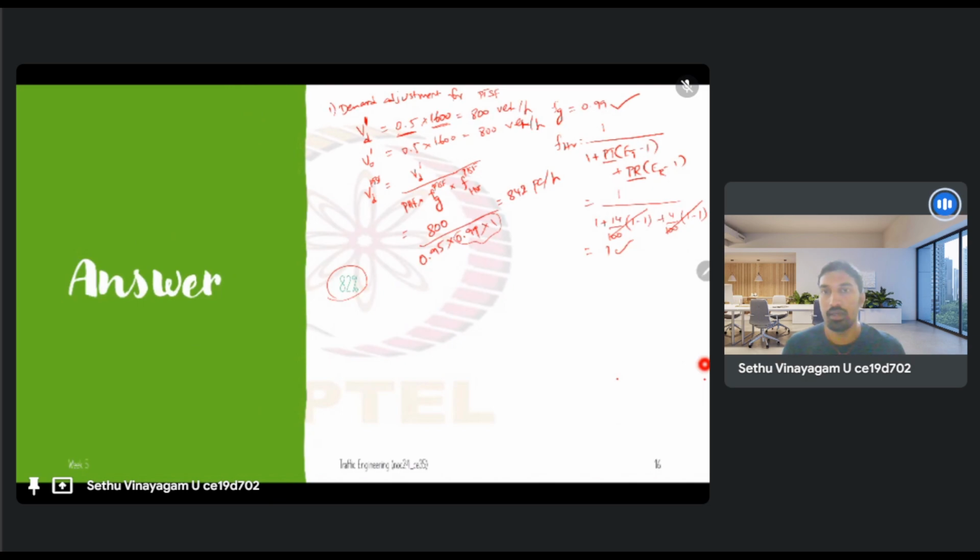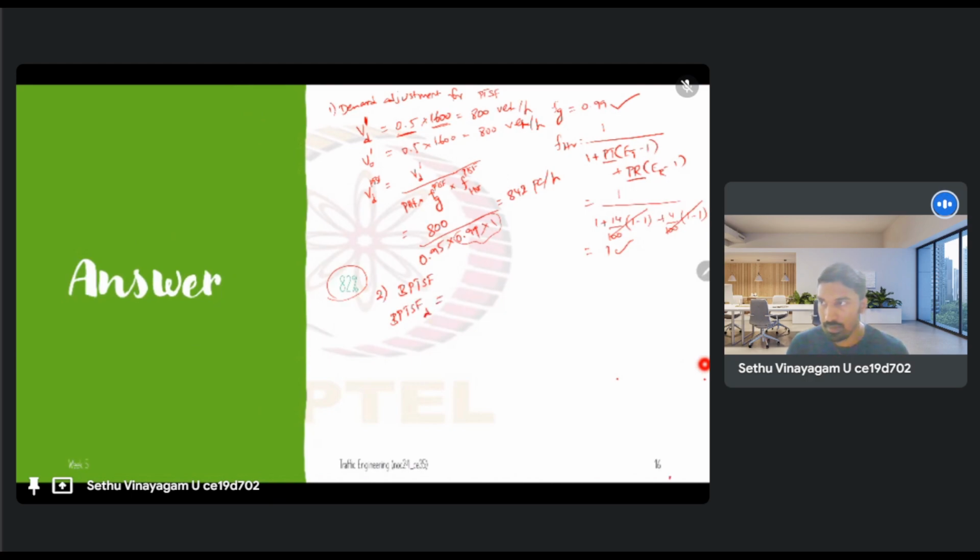Once we have the VD, then we can go for estimating the base PTSF value. Okay, so this is the second step. What is the base PTSF for the design direction?